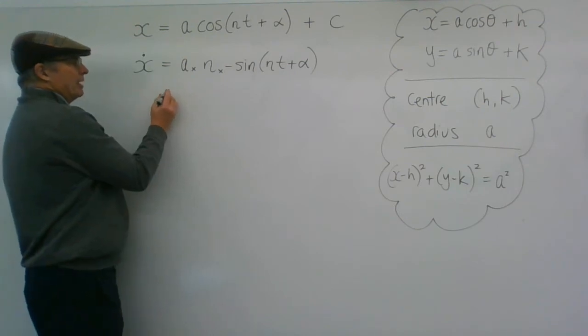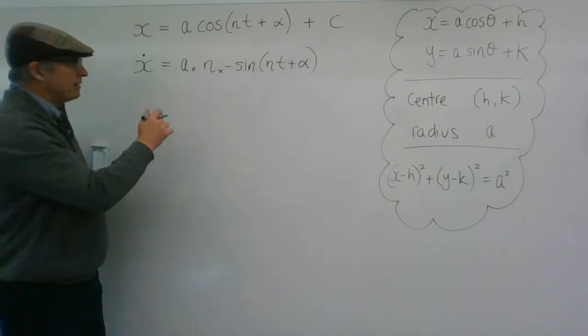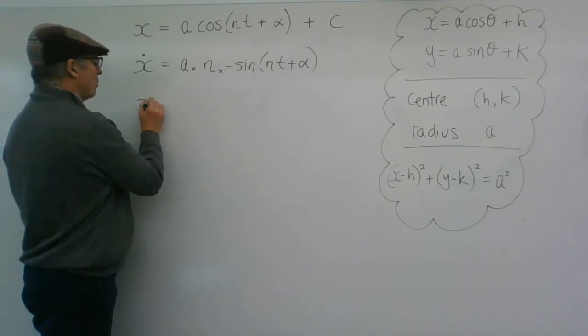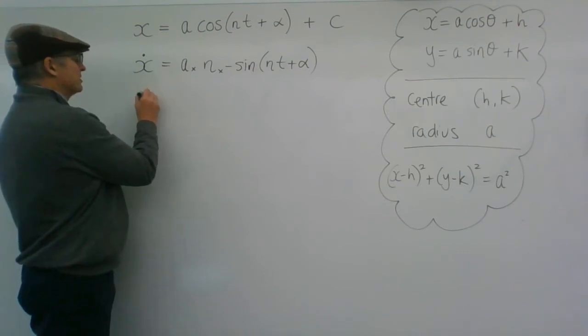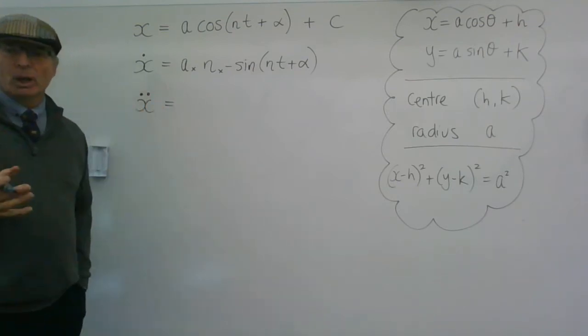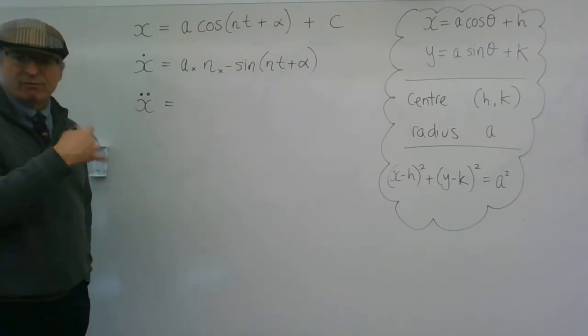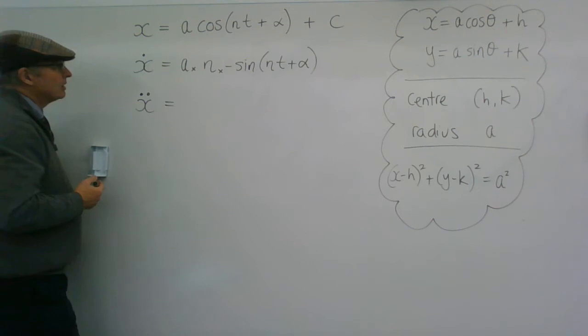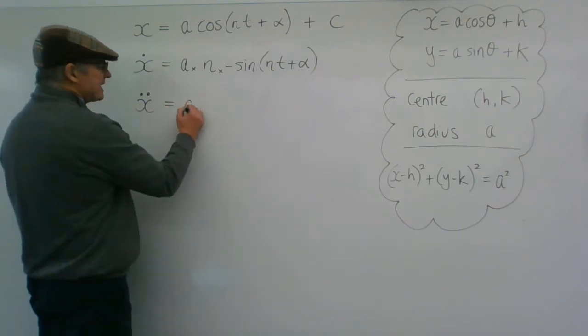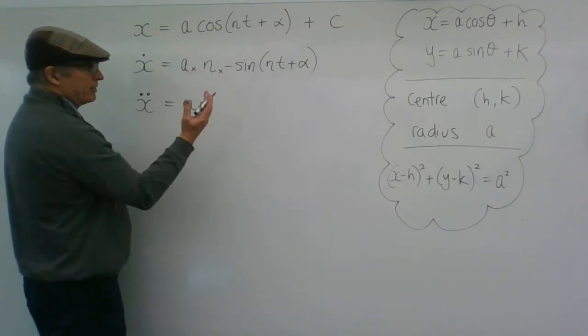I'm just going to go down another level now and work out what is the second derivative, or if you like, the acceleration. With respect to time, we just differentiate twice to get there. So I've got this an, that's already there.